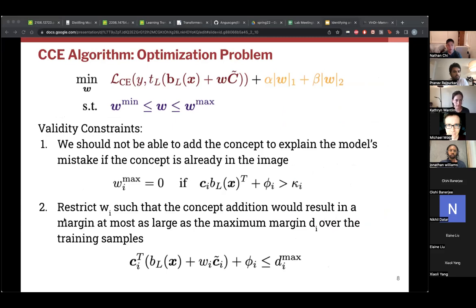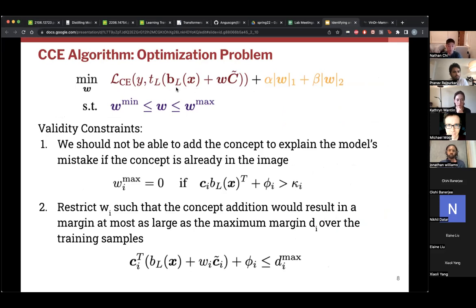So now you have your CAVs. Now you would like to know what linear combination of your CAVs you would like to have for certain misclassified examples to be able to have them classified correctly. So the different parts of this optimization problem, first for correctness is this red part, just the cross entropy loss.